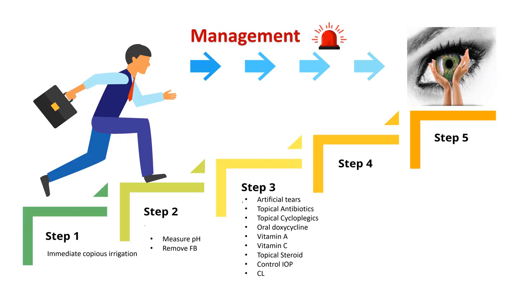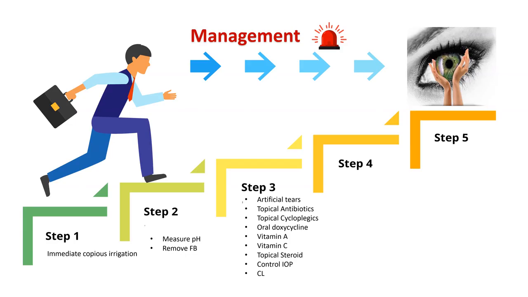What will be the treatment? Many treatments. Artificial tears for lubrication, topical antibiotics to guard against secondary infection, topical cycloplegics to relieve the spasm and the pain, and oral doxycycline, not for its antibiotic characteristics, but for its anti-proteolytic effect.